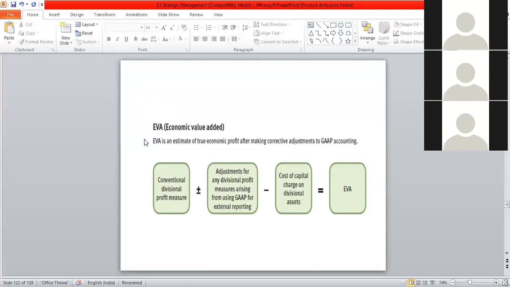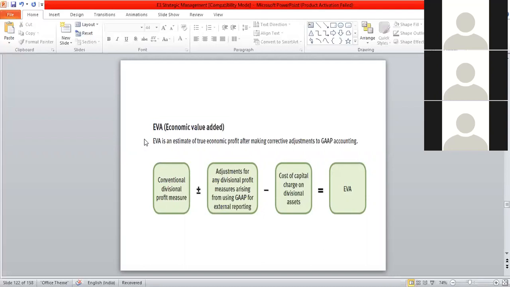The concept of economic value added is a financial measure used to calculate the economic value added, by making certain adjustments to the conventional profit or the controllable profit, what we call EBIT. So take the EBIT and make certain changes to it to identify the economic value added.